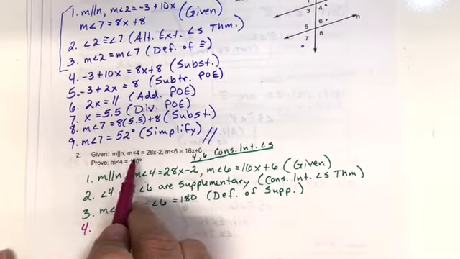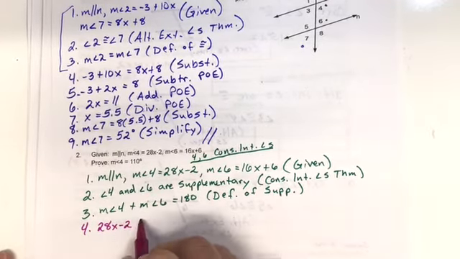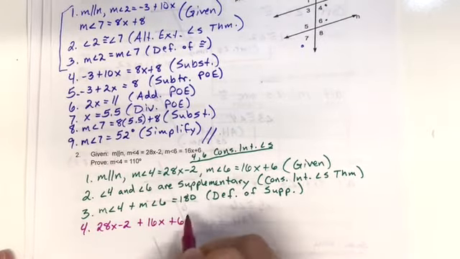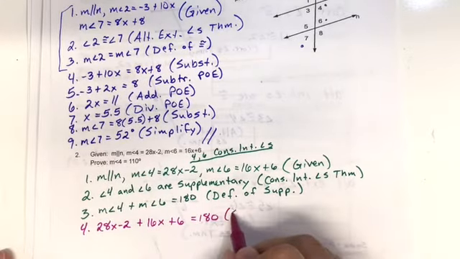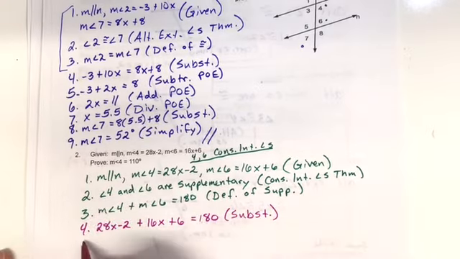For measure of angle 4, I'm going to replace that with 28x minus 2. For the measure of angle 6, I'm going to replace that with my 16x plus 6. And when I'm doing that, you should recognize that as the substitution property. And then I start to simplify first.